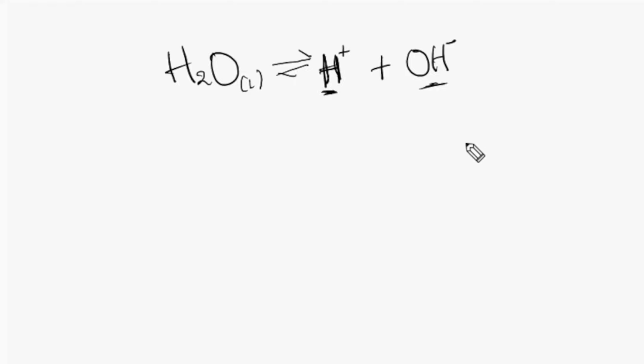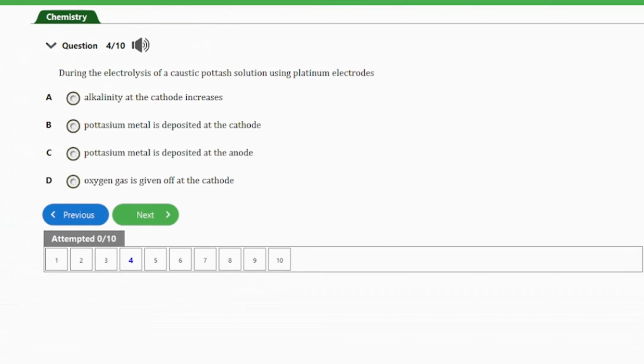So that's it for that question. Let's go ahead and wipe this, and then let's consider the next question. The next question we have here is question number 4. It says, during the electrolysis of a caustic potash solution using platinum electrodes, A, alkalinity at the cathode increases.